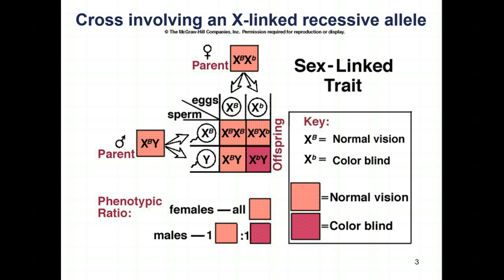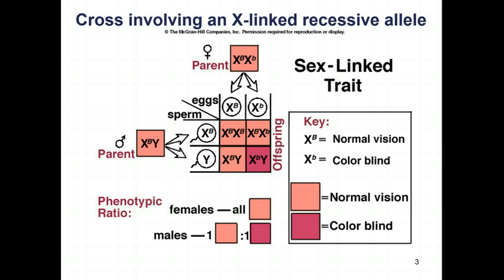A colorblind man will pass his defective allele only to his daughters because only his daughters inherit his X chromosome. On the other hand, a heterozygous woman can pass her defective allele to her sons, who will be colorblind.